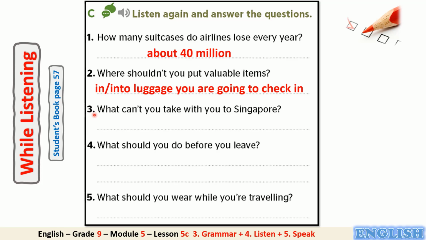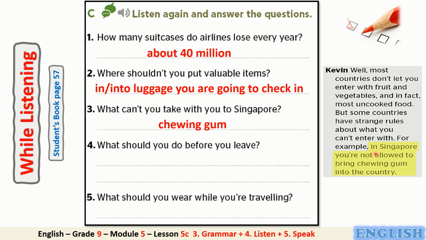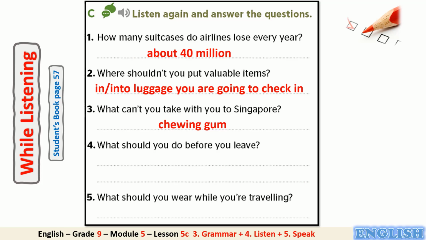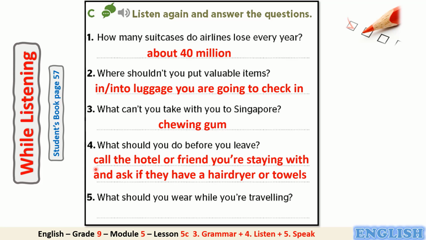3. What can't you take with you to Singapore? Very good, my students. Chewing gum. Can you justify this answer? Excellent, my students. 4. What should you do before you leave? Very good, my students. Call the hotel or friend you are staying with and ask if they have a hair dryer or towels.